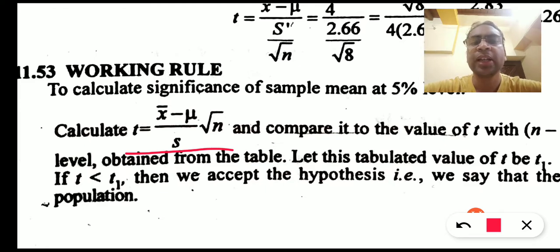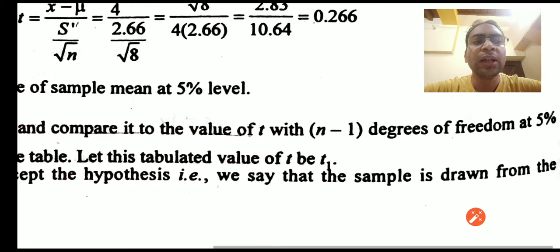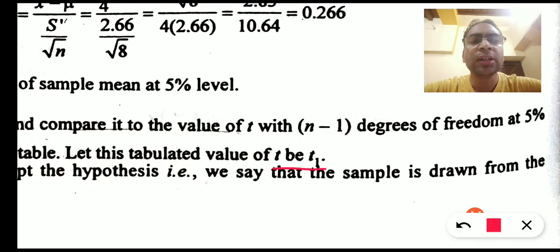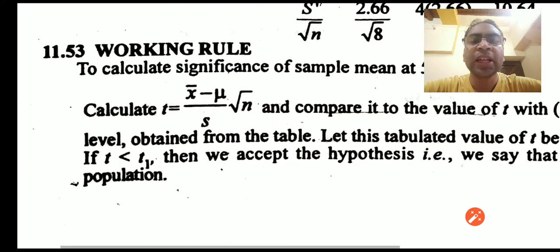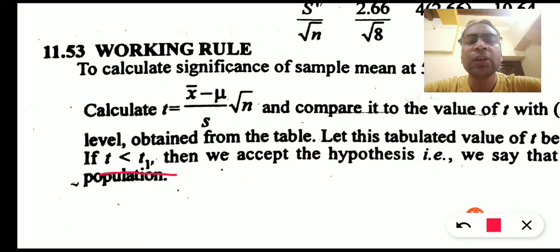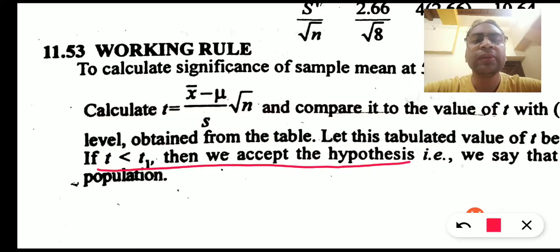Then we will find out the standard value of the t, and compare these two values, the standard value and our calculated value. If the calculated value is lesser than the standard value, then we will accept the hypothesis.